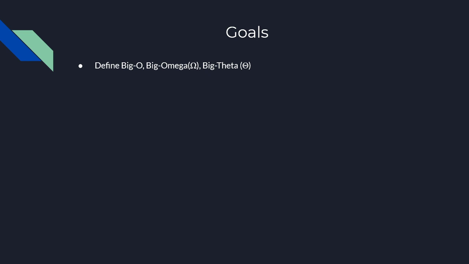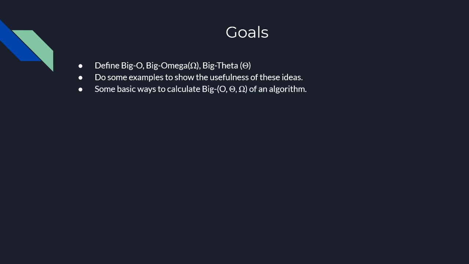Questions from students are allowed, but I was just preventing Ben from asking any questions. Then we're going to do some examples to show the usefulness of the ideas, and then we're going to talk about some basic ways to calculate big O, theta, and omega of any algorithm. How about that, Ben? Sound like a good set of objectives?